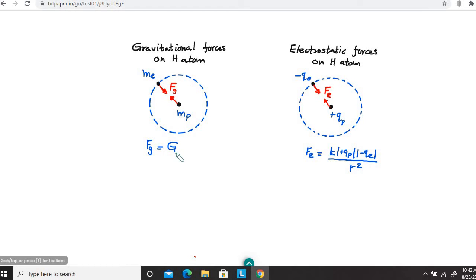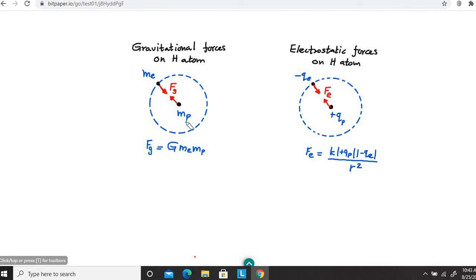Hopefully, if you did General Physics 1, you should have done these things. And then the product of the masses of the two particles, me times mp. Now, when it comes to mass, I'm simply putting the magnitudes because we never come across negative masses. However, in charges, you have these positive charges and the negative charges.